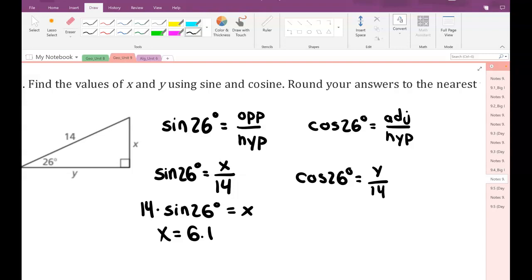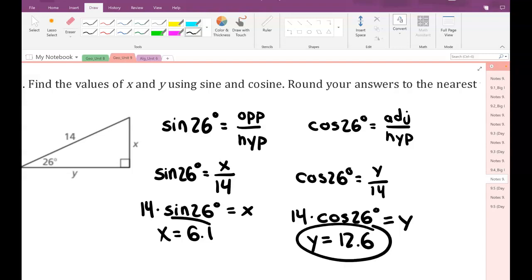And then we have to multiply each side by 14 to solve for y, or our adjacent side, as you may call it. So we take the cosine of 26 and then multiply that by 14. We would get out that y is equal to 12.6.